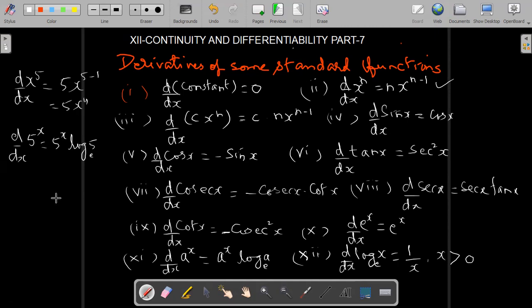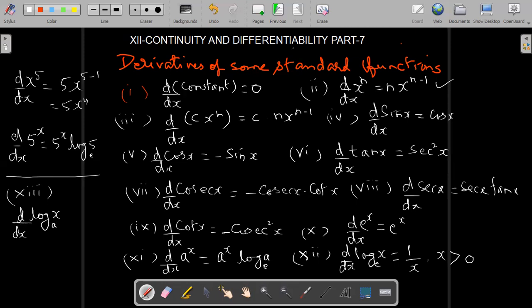And the last one is, I'm writing here, there are many formulas, but actually we are taking them in parts. We cannot take them together. In this part, then we will do the questions on these formulas. This is the difference: here the base of log is e, here the base of log is a. a means any constant.